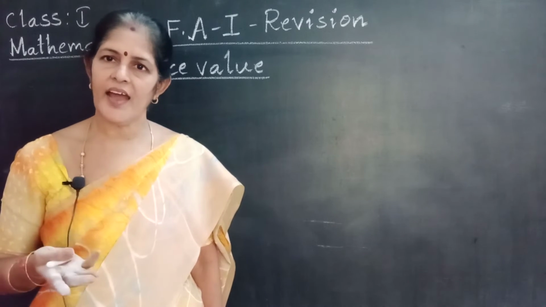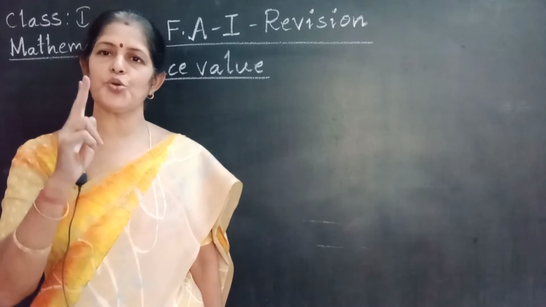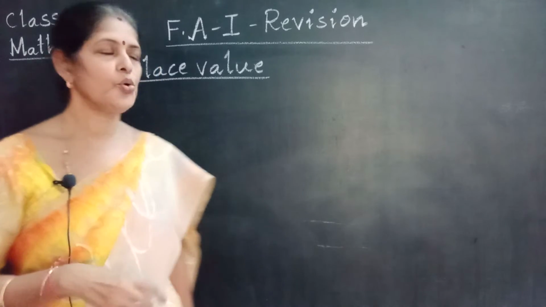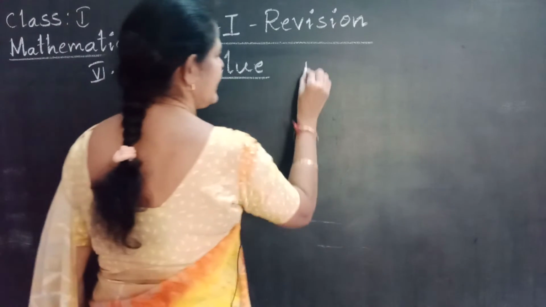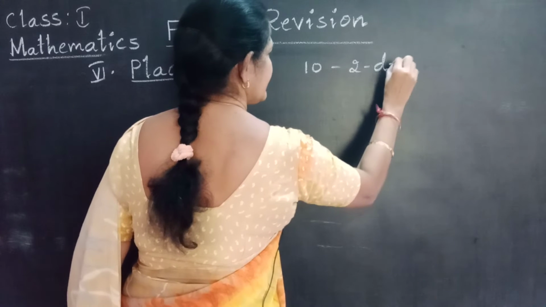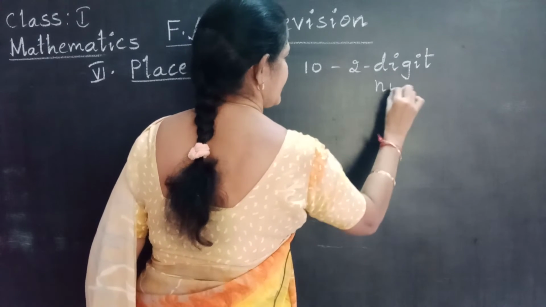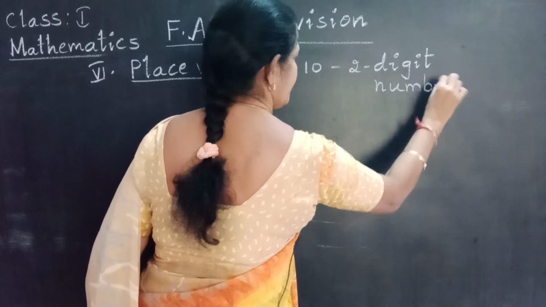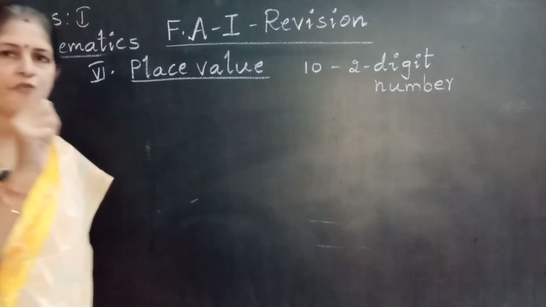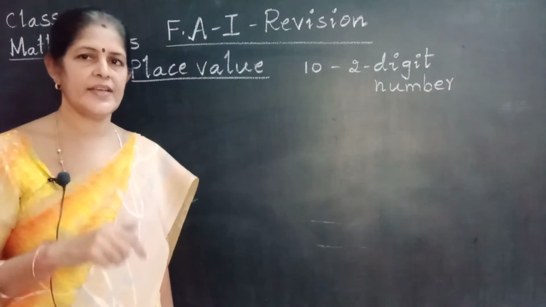What comes after 9? 10. 10 is the first two digit number. 2 digit means that number having 2 places. 10 is the first two digit number and smallest two digit number.